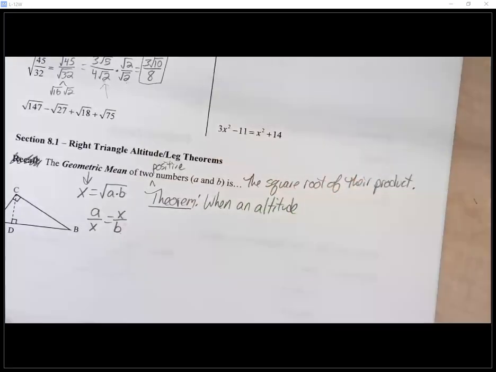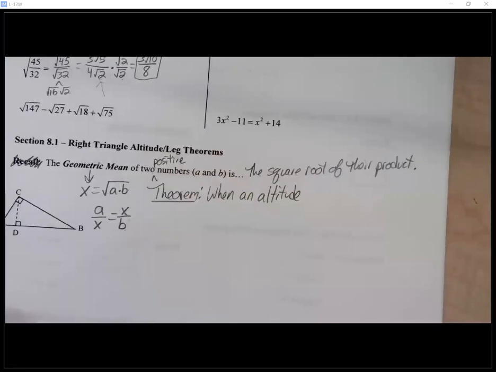Altitude goes from where to where? Carson? From the top vertex straight down to the bottom of the base. Yes, it has to drop perpendicular. So from a vertex, you drop perpendicular to a base.